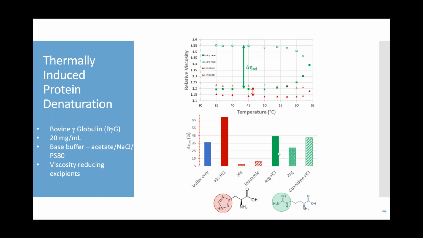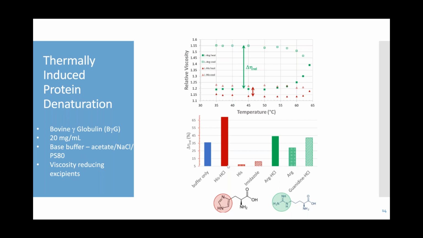So the histidine and imidazole, where this is going to be the least charge, no extra counter ions from HCl, is going to have the least impact in terms of screening those electrostatic repulsions which act to stabilize. So perhaps you get a negative benefit because you're screening the electrostatics that might be helping you from the enhanced aggregation that can occur as the protein unfolds.